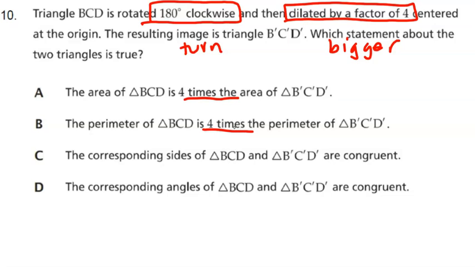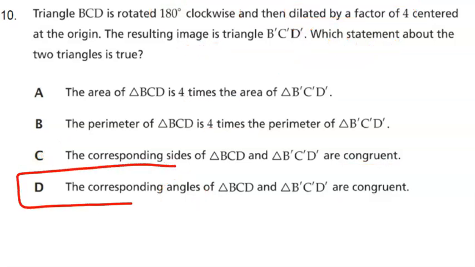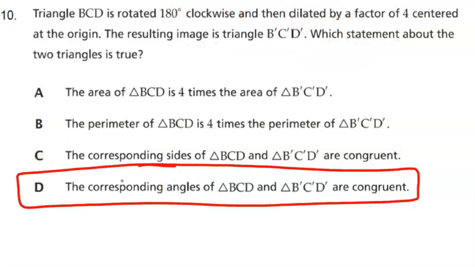Again, I'm not sure. Are the corresponding sides congruent? Definitely not, because I used a dilation. Are the corresponding angles congruent? That one is actually true. No matter what transformation you use, the angle measures are always congruent.